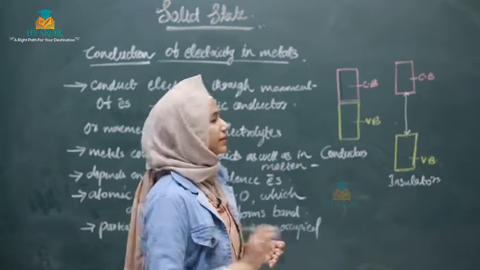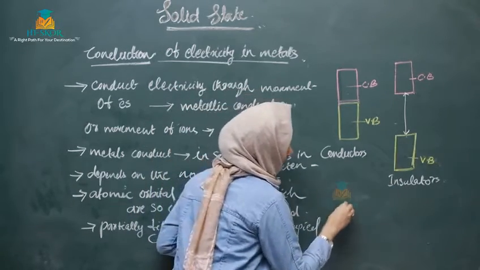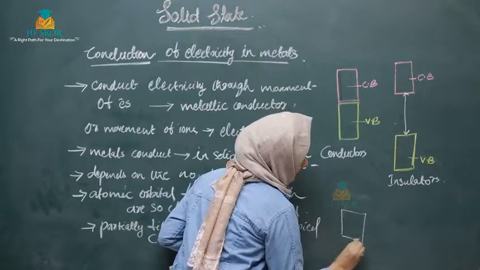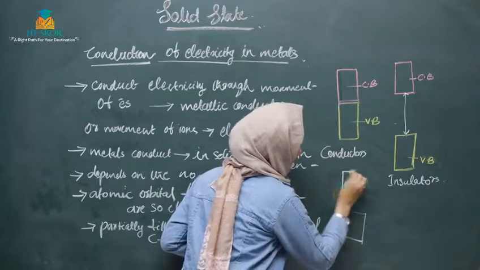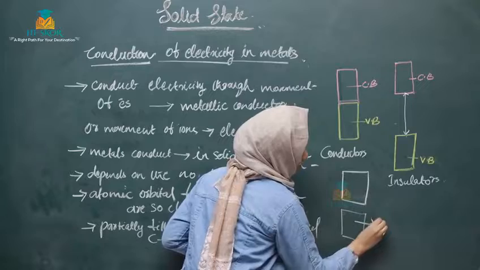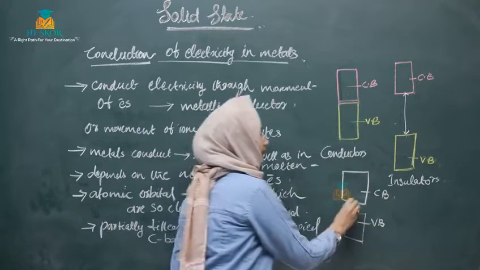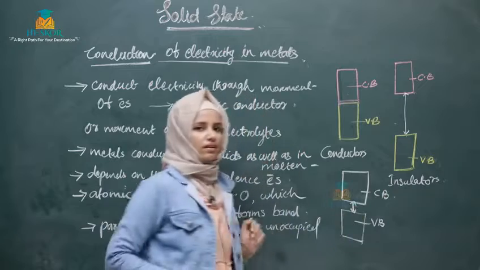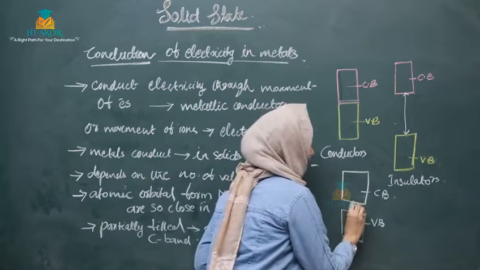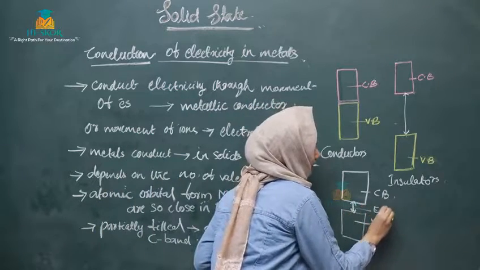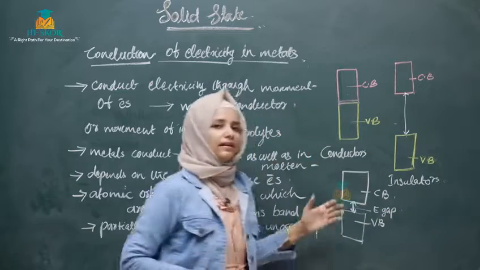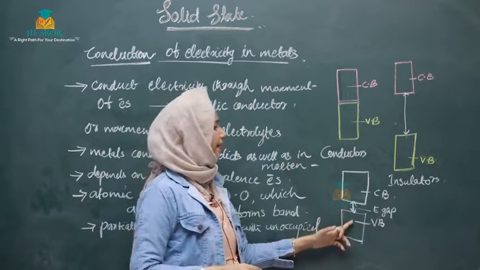Now there is one more type, semiconductors. In semiconductors also there will be a valence band and a conduction band. Here the energy gap will be very small, so some electrons can jump.